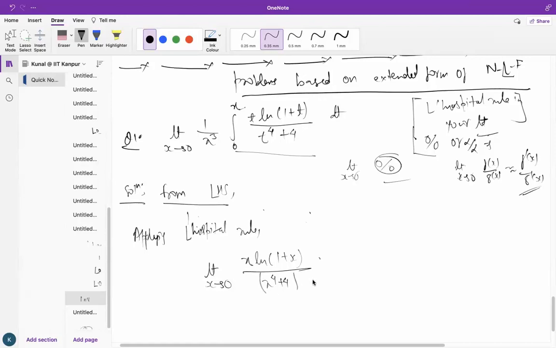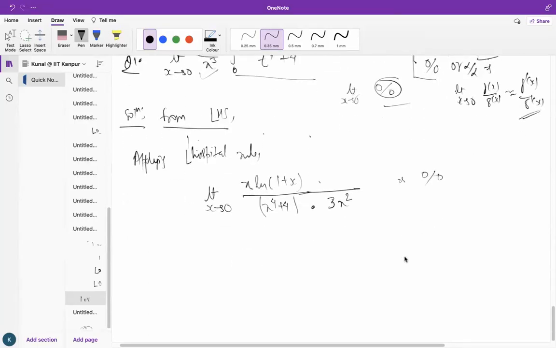This is over x cubed, and we differentiate the denominator, which gives 3x squared. I hope you all understand what I'm trying to say. When we again insert x equal to 0, it is again of the form 0 by 0, so we have to apply the L'Hopital rule again. We can solve it easily.